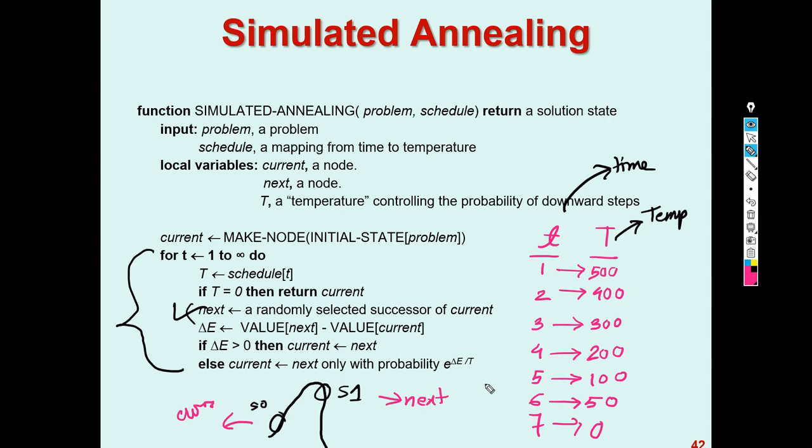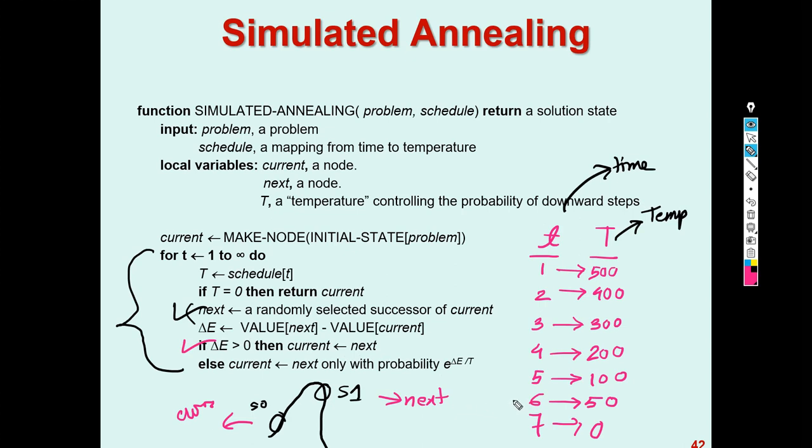So here we can see the successor, that means the next state, has a higher value than the current state. When the next state has a higher value than the current state, we know that the move improves the situation. So whenever the move improves the situation, it is always accepted.